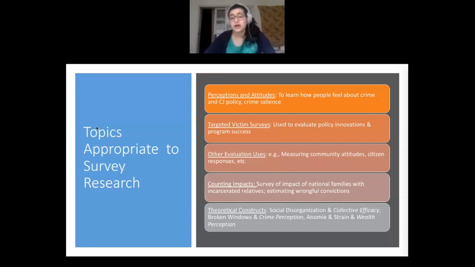And then there are other means to measure community attitudes and citizen responses. So how communities feel about police or their specific police department can also be included in that.